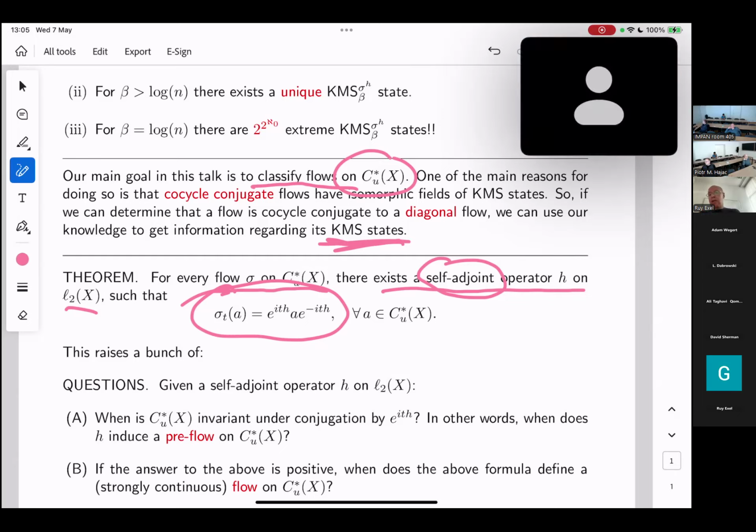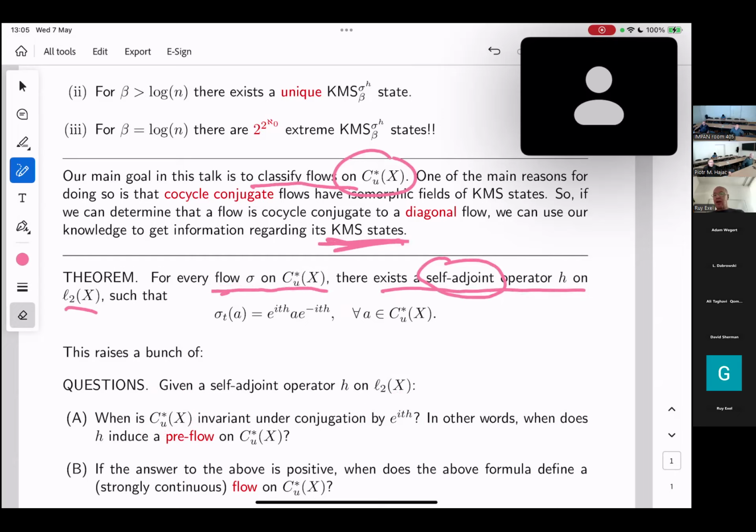Okay, so this raises a lot of questions. The two main questions are this. Suppose we are given a self-adjoint operator on L2 of X, just any self-adjoint operator. The first question is, when is C star U of X invariant under conjugation by those e to the ith?